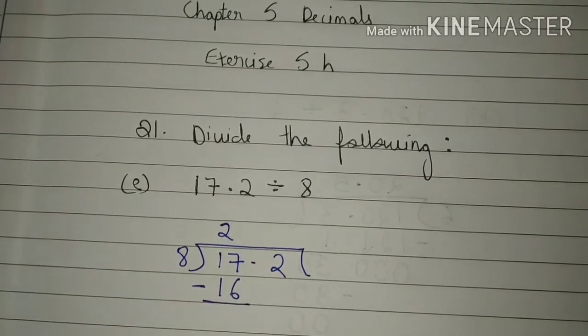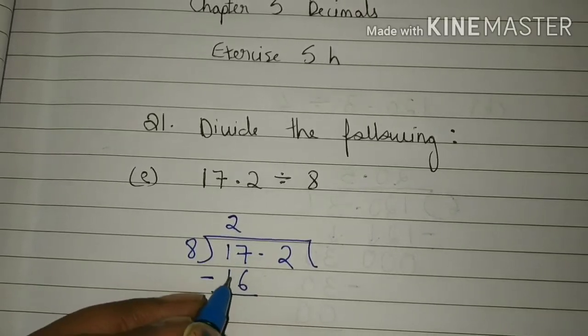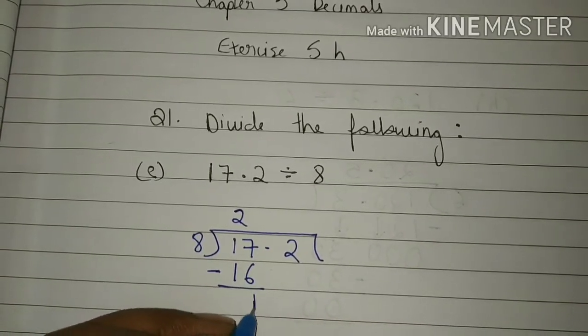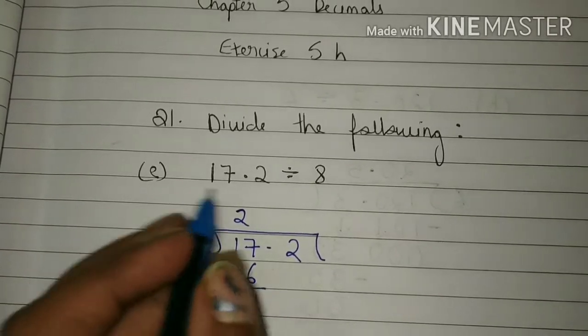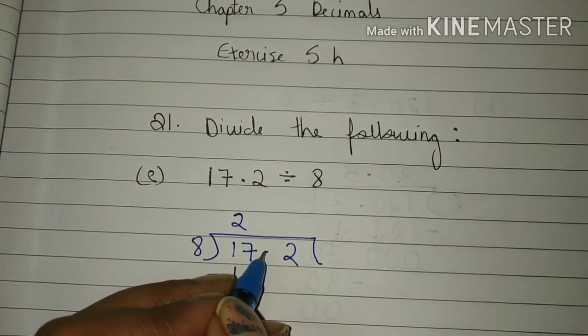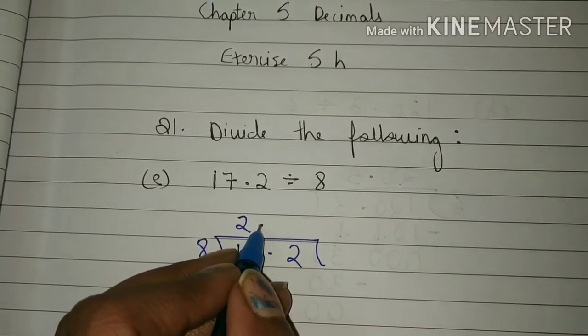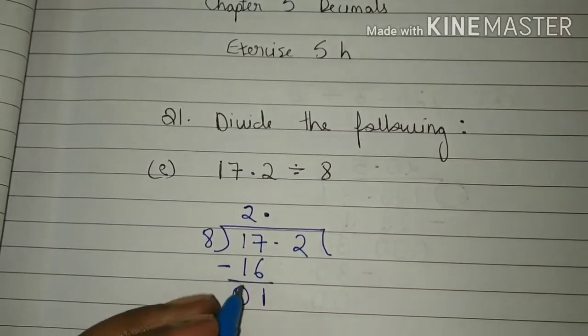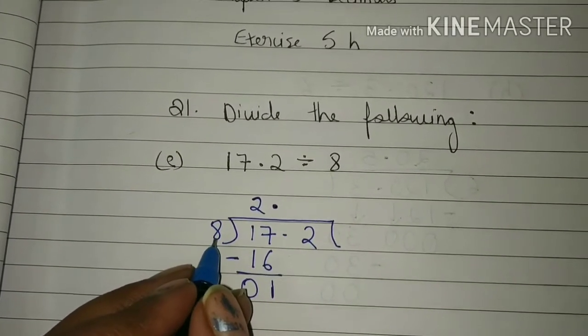Now students, we will subtract these two numbers. 7 minus 6 is 1. 1 minus 1 is 0. Students, you can see that here is a decimal point, so here also we will put a decimal point. Now students, 1 is not coming in the table of 8.